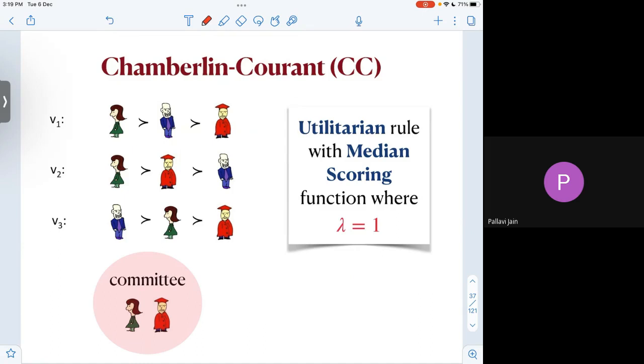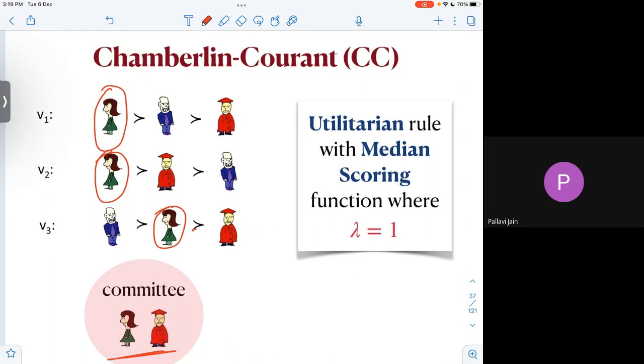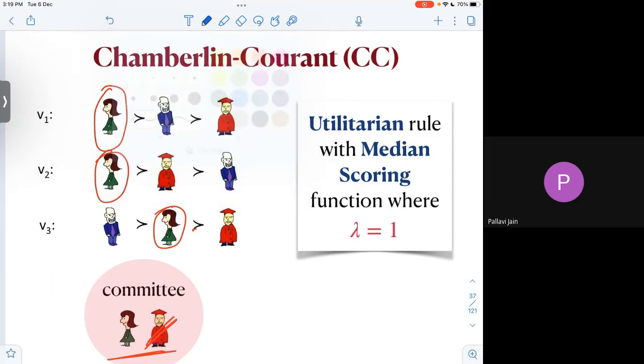This is your committee. Look at the topmost person in your ranking list who is in the committee. Let's replace this red person with the blue person. That's a better example maybe.